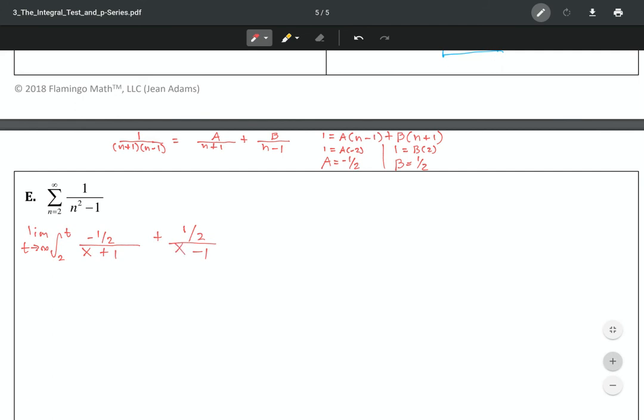Okay, so now dx and all this. The antiderivative of this, if you use substitution, you'll notice that that's going to just be a natural log. And I can just pull that negative 1/2 to the outside.